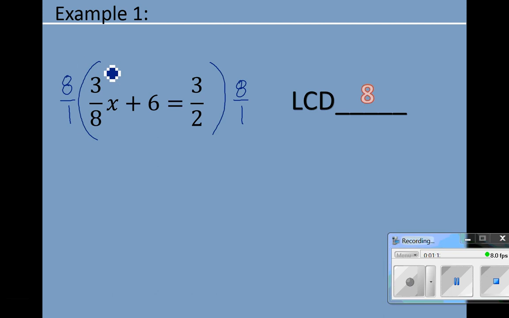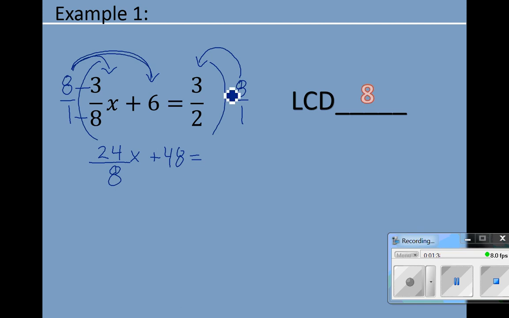So I have to multiply 8 to everything because whatever you do to one side, you have to do to the other. So if I multiply 8 times 3, I get 24x. 1 times 8 is 8. Now I have to multiply 8 times 6, which is just positive 48.